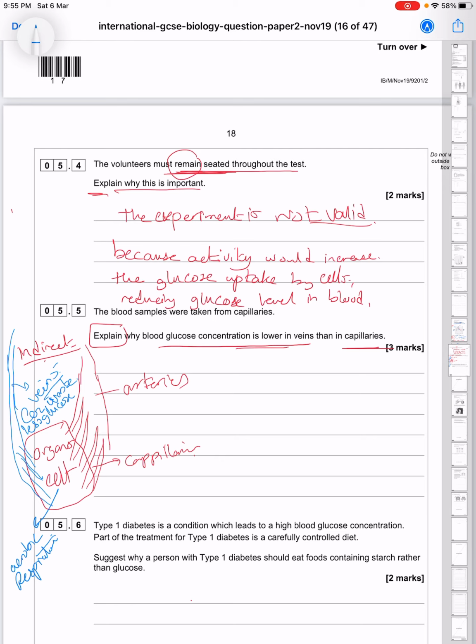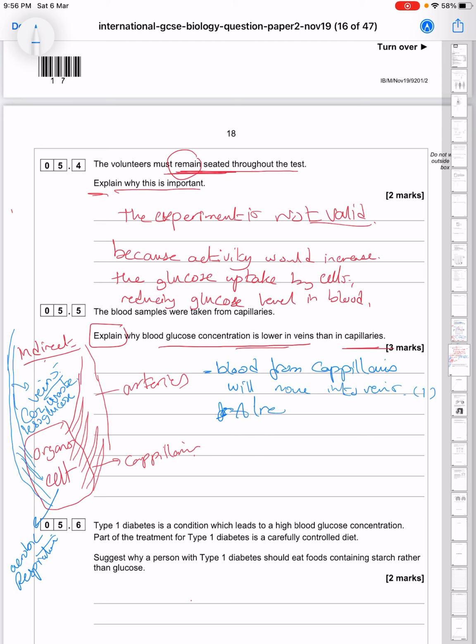That was a summary of how to answer this question. So I would say that blood from capillaries will move into veins, right? Will move into veins, and that's the first mark.